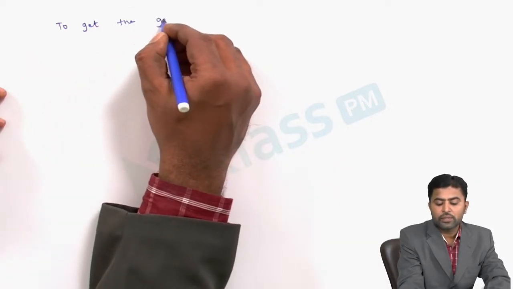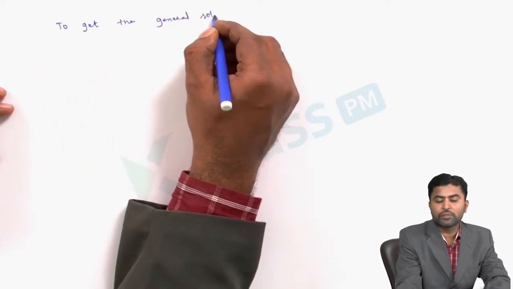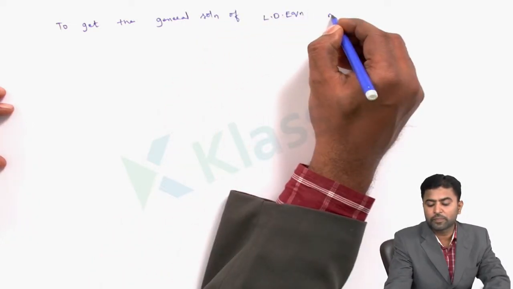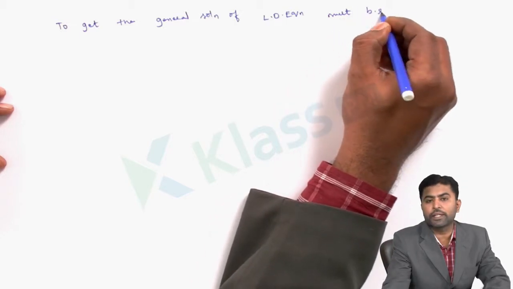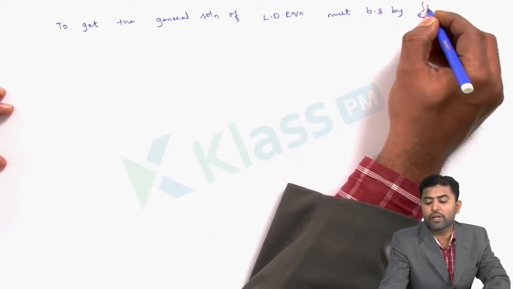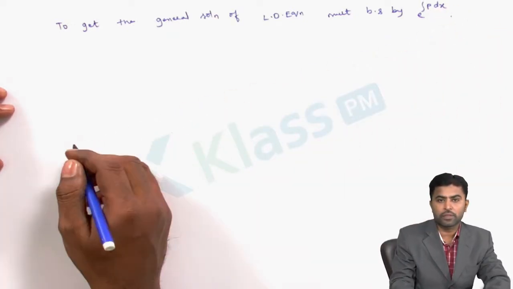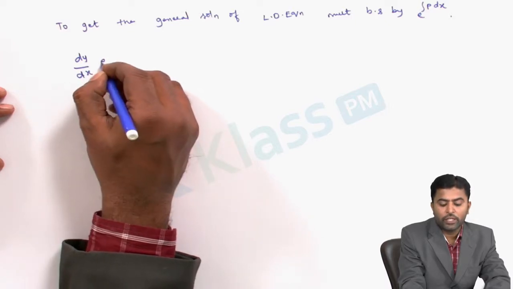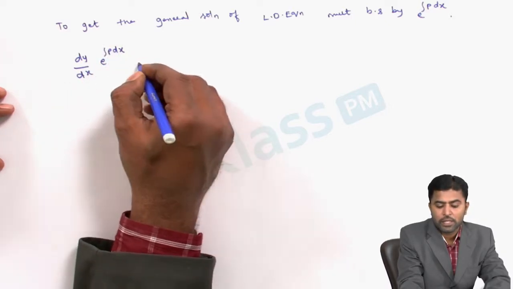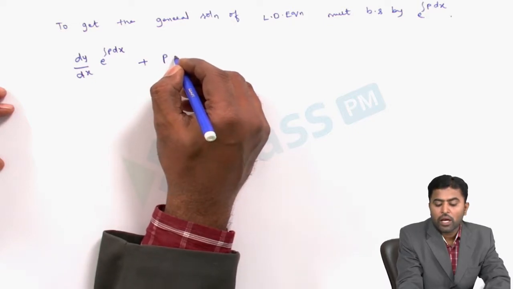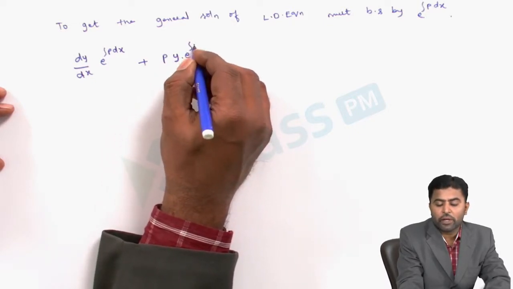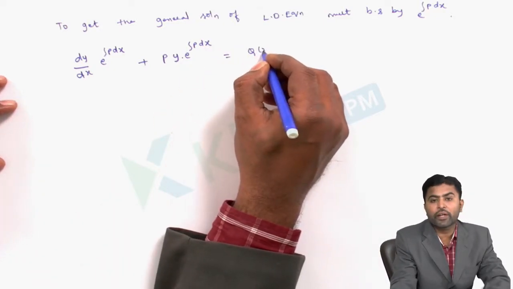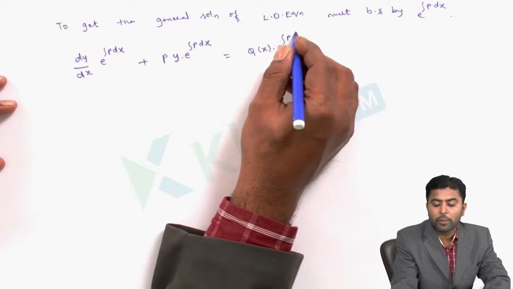We'll learn next. To get the general solution of linear differential equation, multiply both sides by e power integral p dx. Then we get dy by dx into e power integral p dx plus p y into e power integral p dx equal to q of x into e power integral p dx.